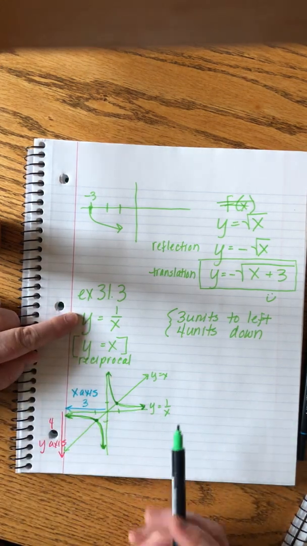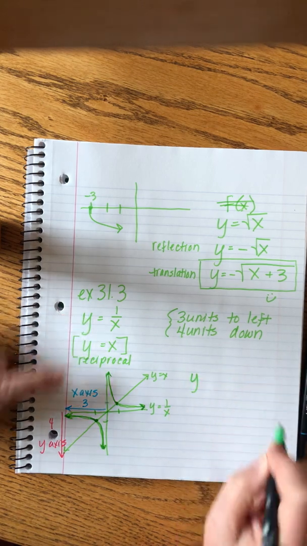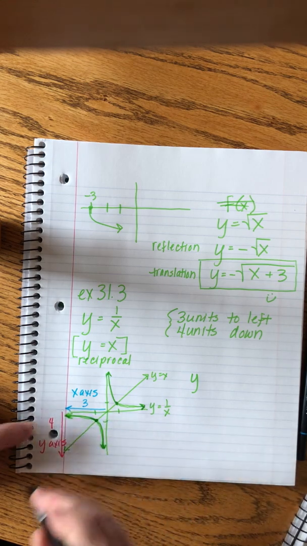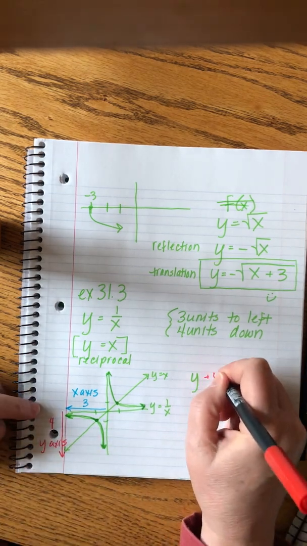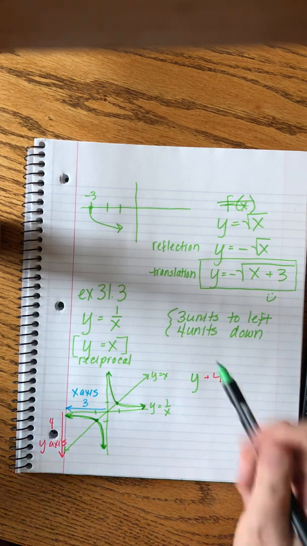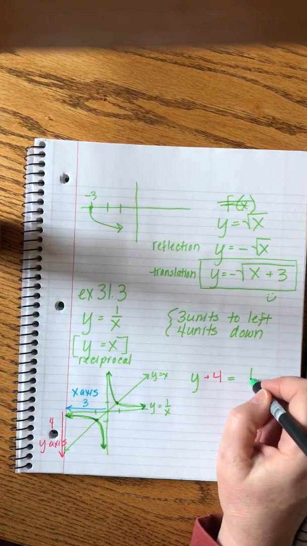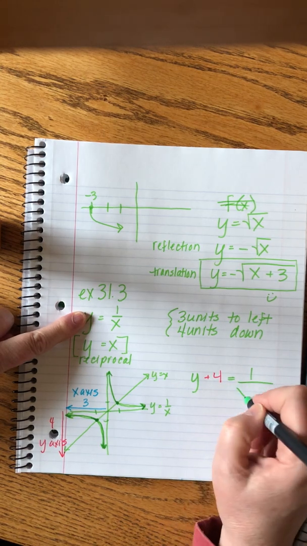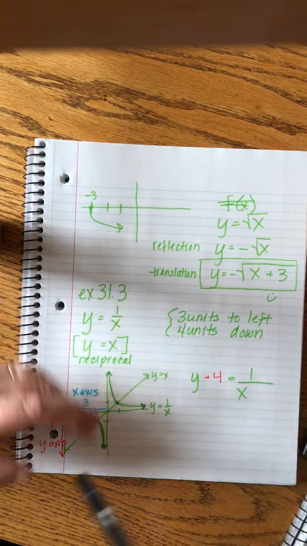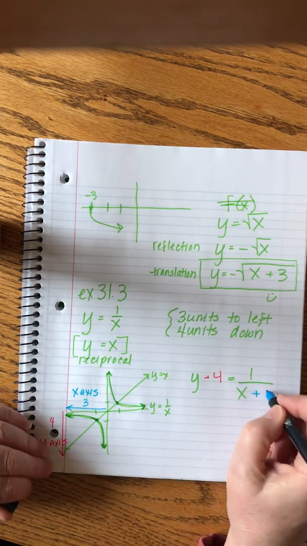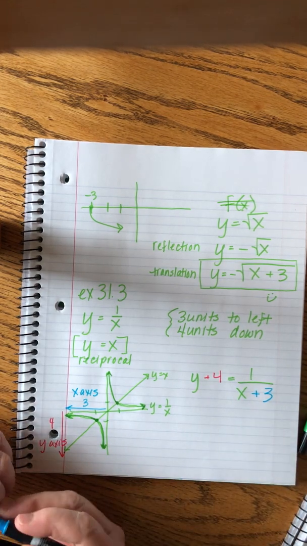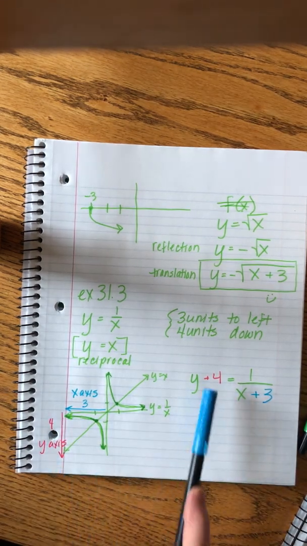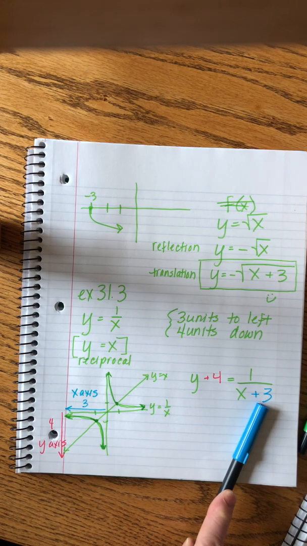Now I can take my original function of y, and I'm adjusting 4 units negative, right? I'm going down 4, so that means I need to add 4 to the y equals, and then it's 1 over, because that's just the way my basic function is. And here's my x, and I'm moving 3 to the negative on that. So again, counterintuitive, I use the opposite sign. So here are my 2 adjustments, and here's the way I show them in my formula.